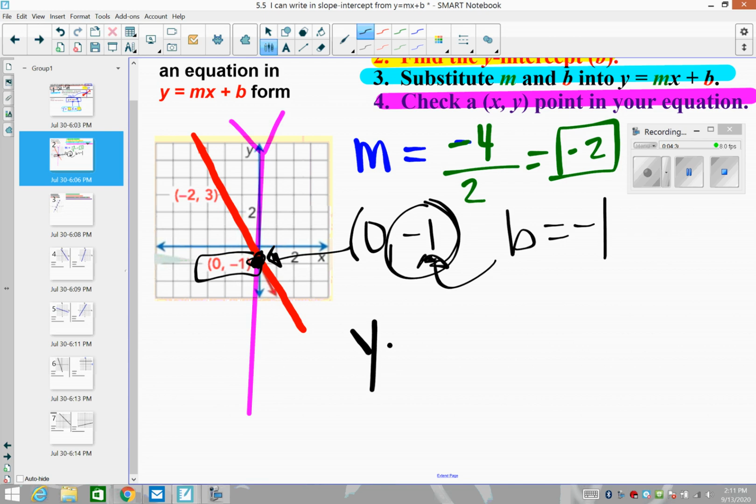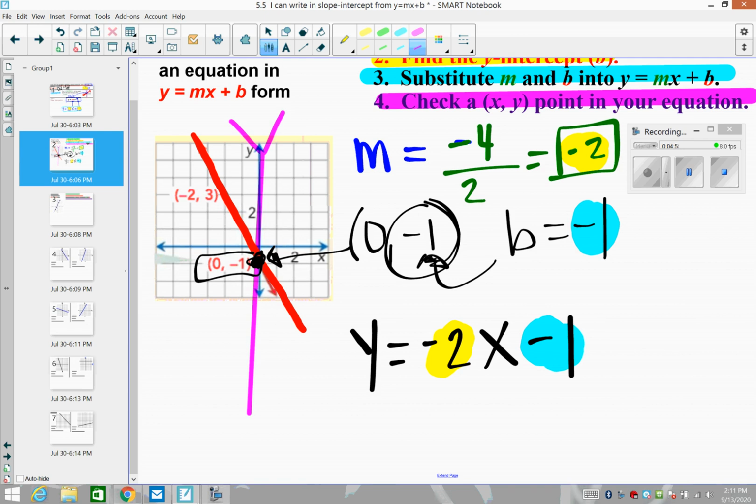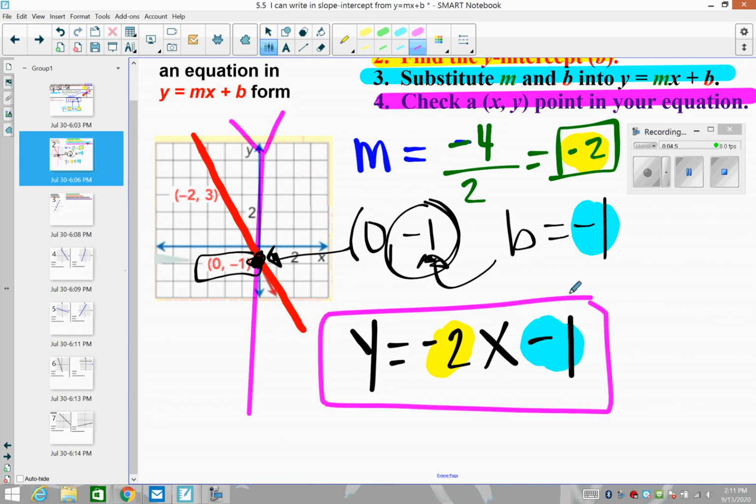So we get y equals -2x minus 1. And if we take a look at that, we can see that my slope was -2 and that my y-intercept was at -1. So my final answer then, the equation is y equals -2x minus 1.